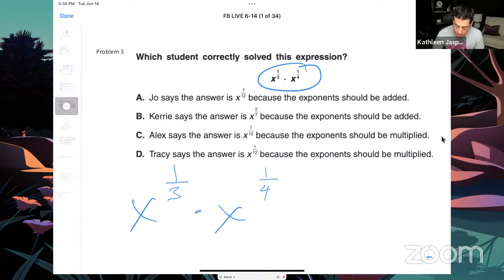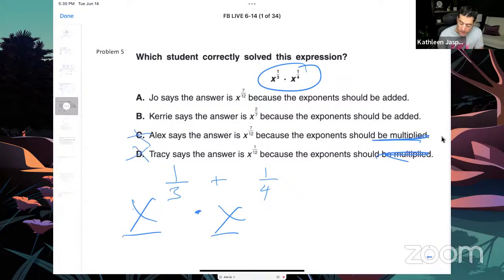So x is the same base, which means I can do something to these exponents. Well, when you're multiplying, that's this right here. When you're multiplying with fractional exponents, what are you supposed to do to the exponents? If the bases are the same, that means you add the exponents. So we should be adding 1/3 and 1/4, which means anything that says multiplied is wrong.